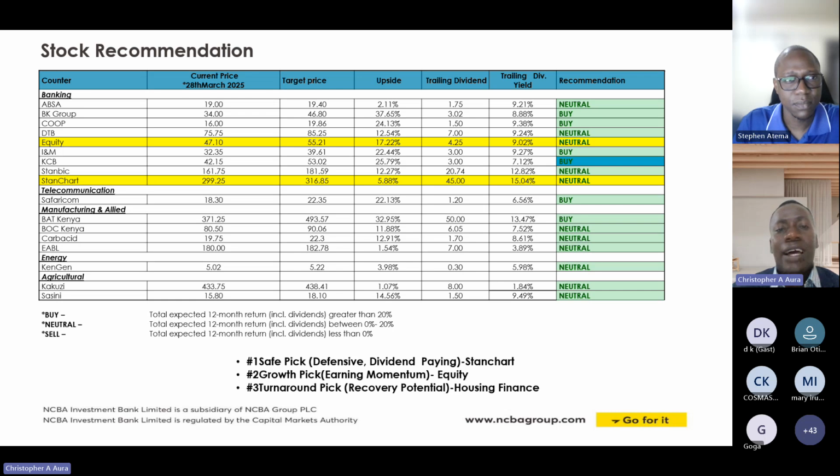But the route that I think they'll go is M&A, mergers and acquisitions, because most of these banks are small banks and most investors are not so much aware of them. So a rights issue might not be so positive for them. But I expect to see mergers and acquisitions in the market.